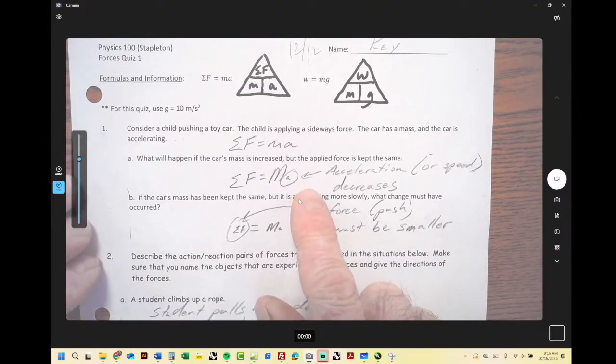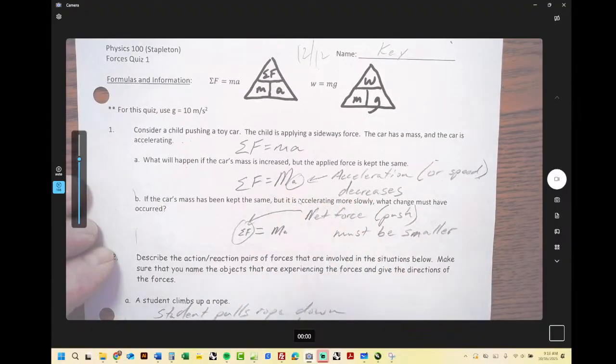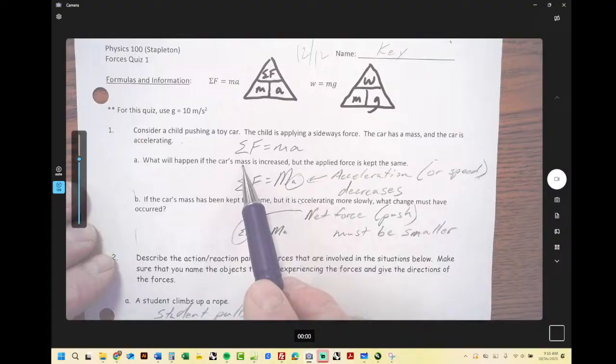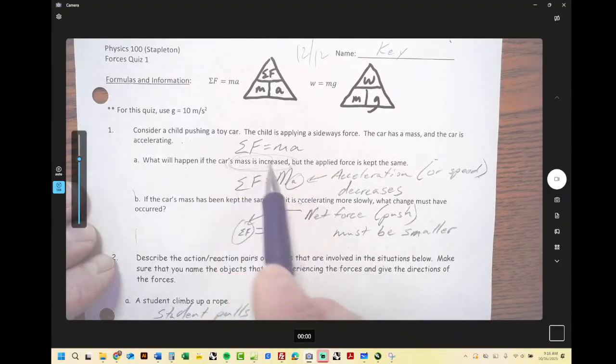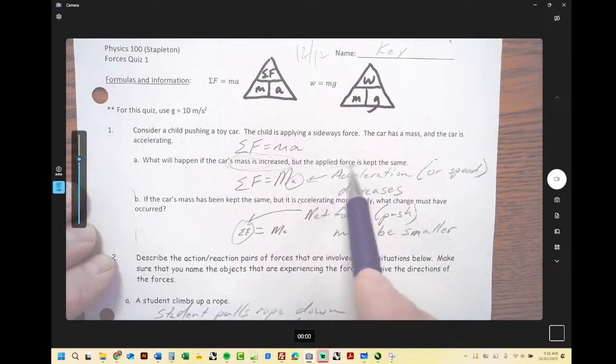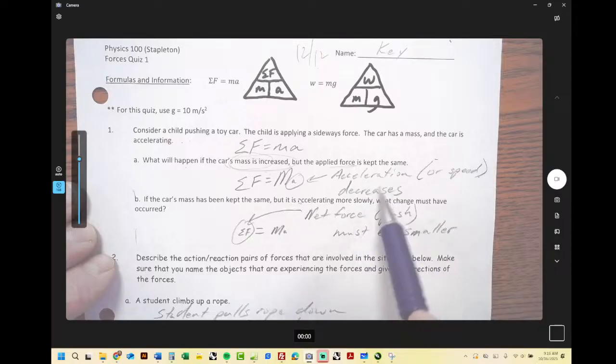Okay. All right. So all you really had to say on number 1A and 1B, you could say it two different ways. If you make the car heavier, you add more mass to it, but you use the same force, it's going to go slower. So you could say there's less acceleration.